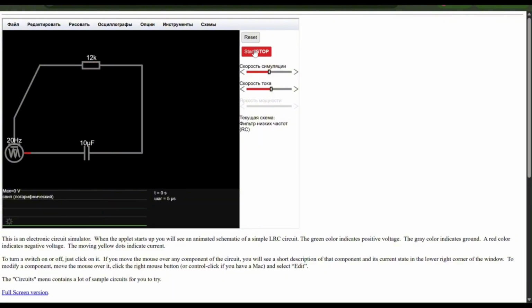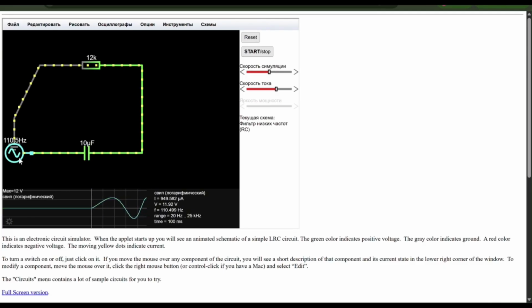Okay, for understanding, I will use the simulation, of course. Yeah, we can see there is. Okay, I will increase the speed of current. Yeah.